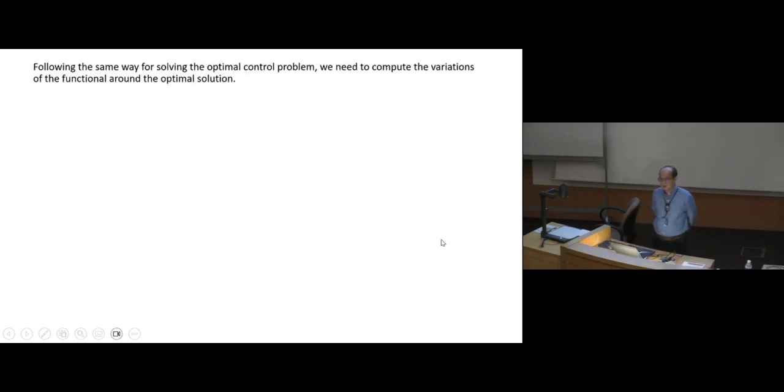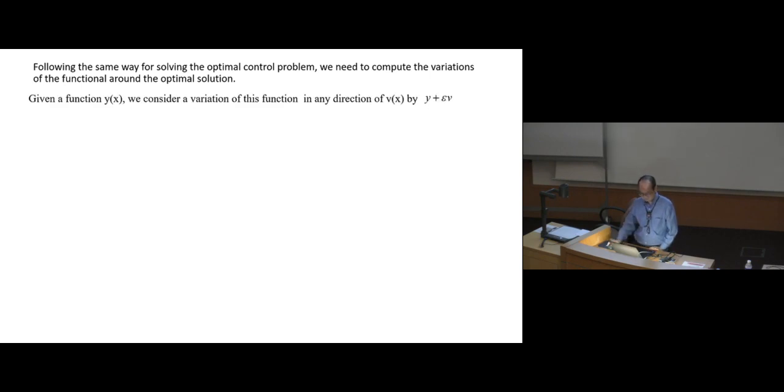So we are going to follow the same way as for solving the optimal control problem. To solve this minimization problem, we need to compute the variations of the functional around the optimal solution. Let's say we're given a function y of x. We consider a variation of this function in any direction, any arbitrary function, which we call v of x.